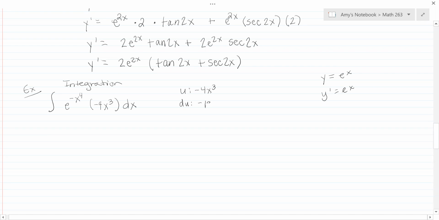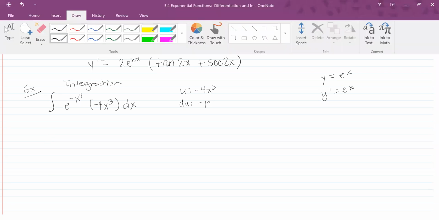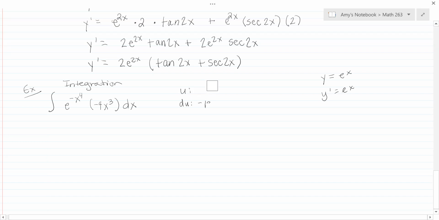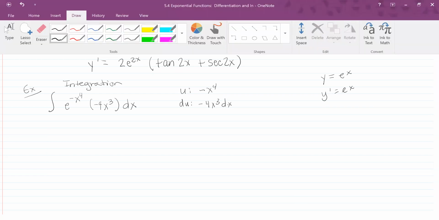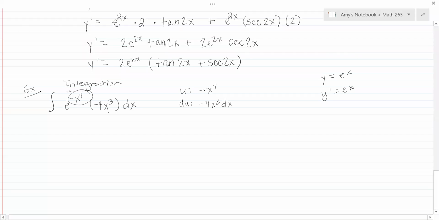No, hold on. Miss McClure is doing this all backwards, and I will have you all totally confused. The u is negative x to the fourth. The derivative is negative 4x cubed dx. So you can see how this all lines up. This is my u, and this is my du.